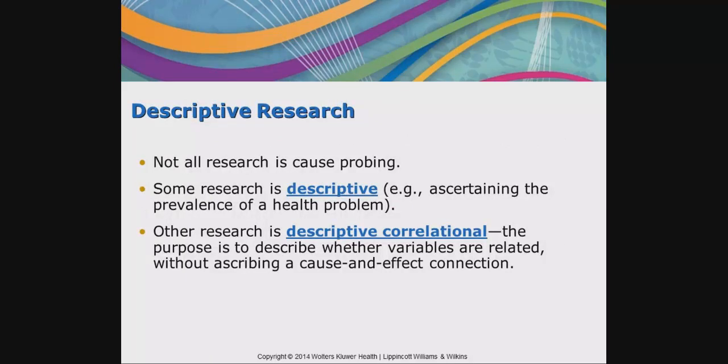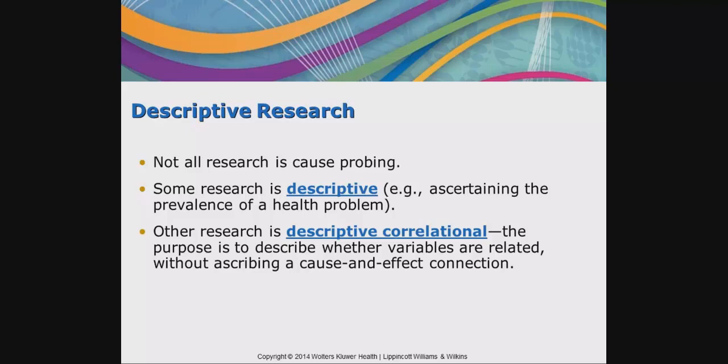All right. Y'all are doing great because we're moving now to descriptive research. And this is the second really broad class of quantitative and non-experimental studies. Because not all research is cause probing, but we are looking to describe.